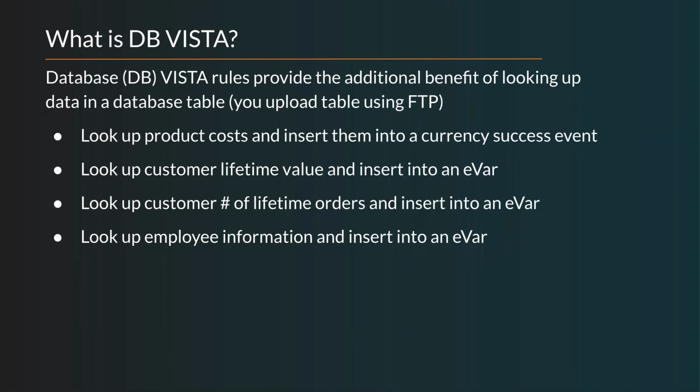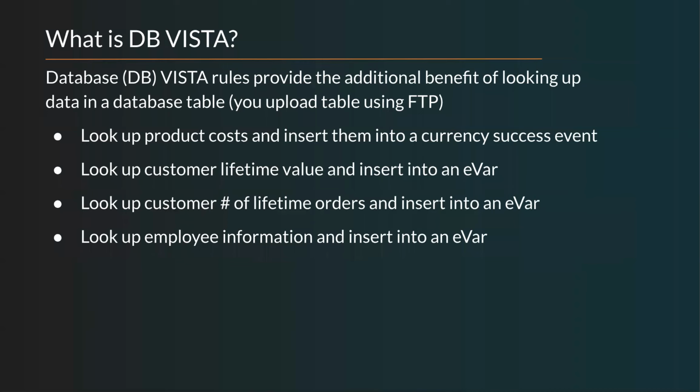So now you've got your revenue, and then you've got your product cost. And then obviously you can use a calculated metric to subtract the two. And what's really cool about that is all of your eVars and everything else will be tied not only to the revenue, but also to the cost.